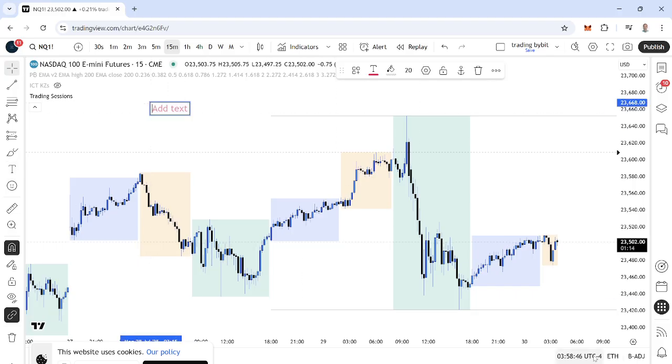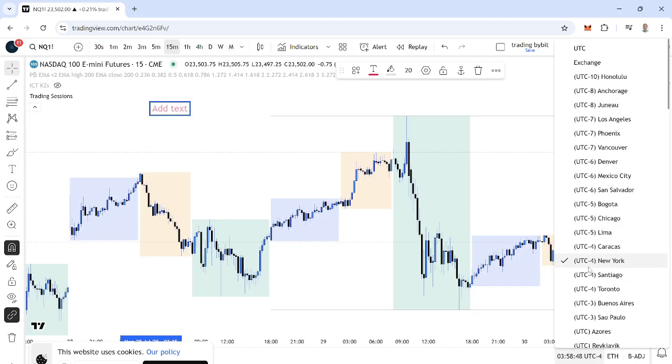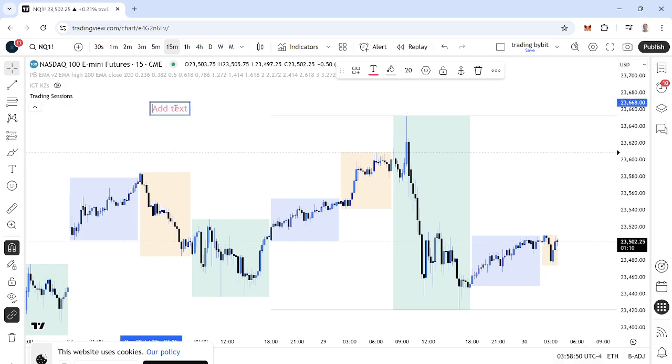If you are on New York time, so UTC-4, I know most people use this time zone, London goes from 2 to 8.